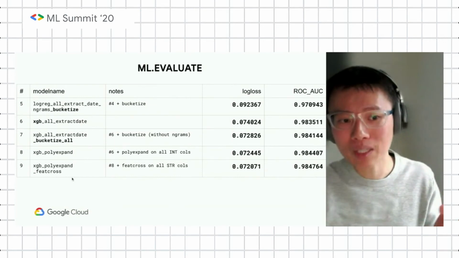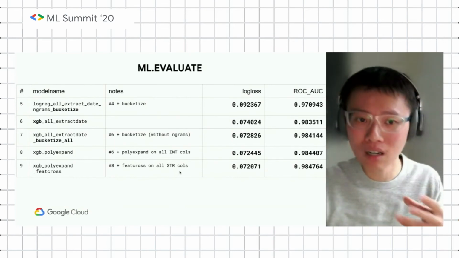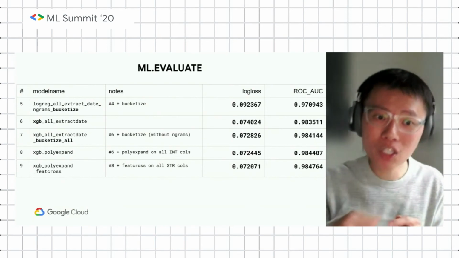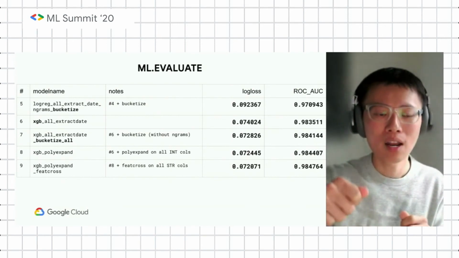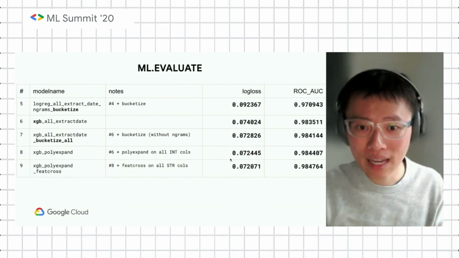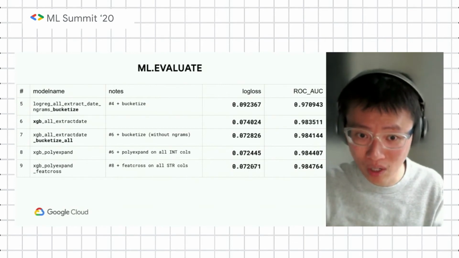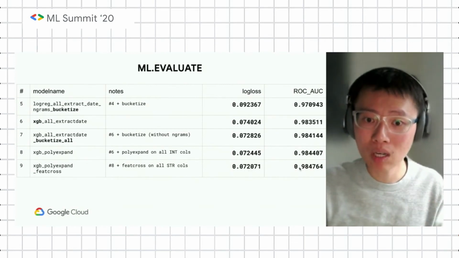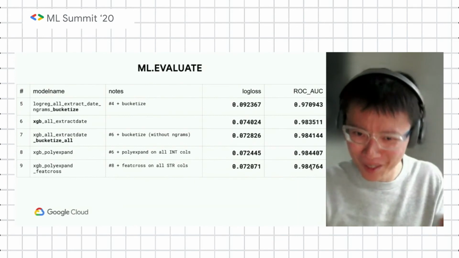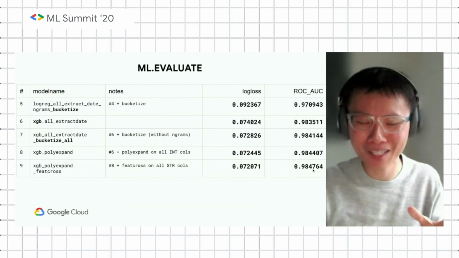The other thing I did was I added the feature cross for the categorical variables for all the string columns, and I also ran that on top of the polynomial expand features as well. You can see that further decreased log loss to 0.0720, and ROC AUC also increased, also a minute amount, 0.0003 or so.